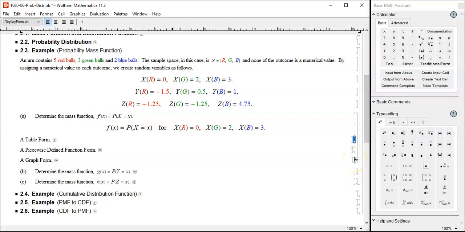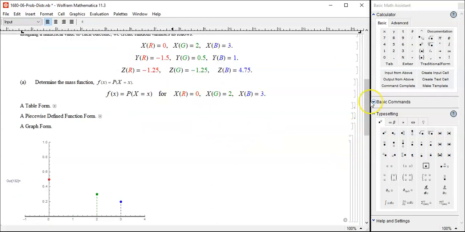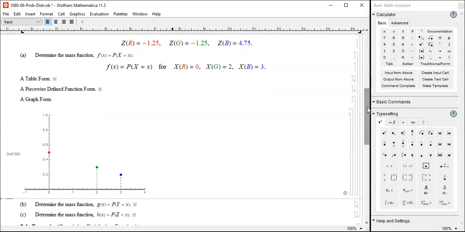Let's go to the graph of this thing, and the graph looks like this. We have three colors, RGB, so we have three masses. And what are those x values, the possible payoff values? Those are 0, 2, and 3 respectively. Do you see this? 0, 2, and 3.